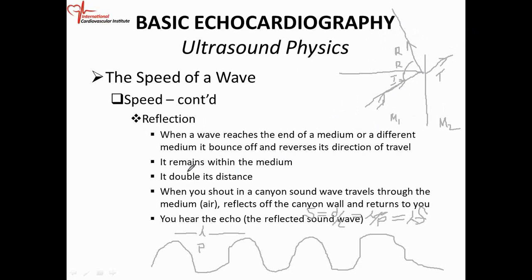So if you know the distance from the transducer to the heart tissue, the overall distance is going to be doubled, because it's going to have to travel to the tissue, and then travel back to the transducer. Okay?